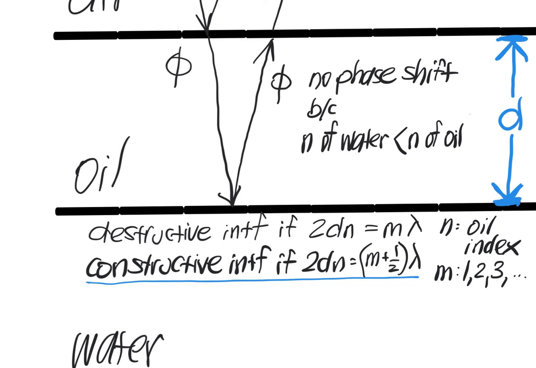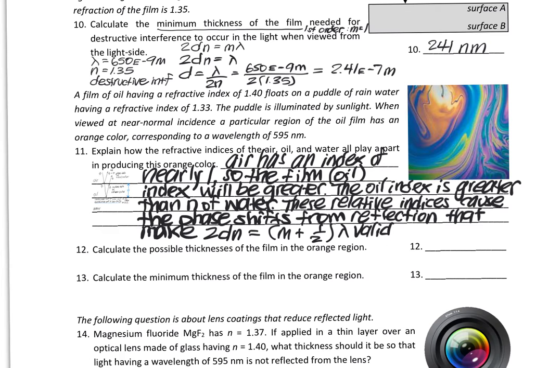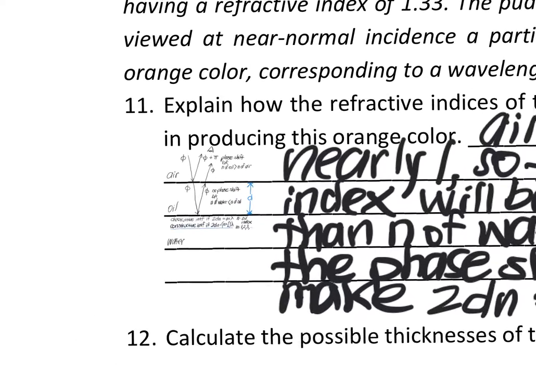So let's work the math. Actually, working the math is 12 and 13. 11 is kind of explaining what I just said, but let's zoom out so that these lines we're using for boundaries can actually be used for writing an answer to the question. In the space they provided, that's the summary that I put down. It's based on the relative indices of air, oil, and water that causes the phase shift relationships we just described over here.